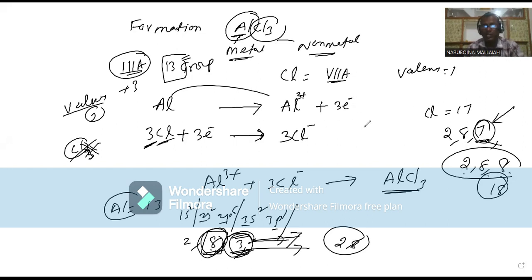Okay. 3 chlorine atoms, they take these 3 electrons. 1 chlorine takes 1 electron. Second electron from aluminum, chlorine receives. Third electron of aluminum is received by chlorine. 3 chlorine atoms, they get these 3 electrons from aluminum. In this way, they get stability.